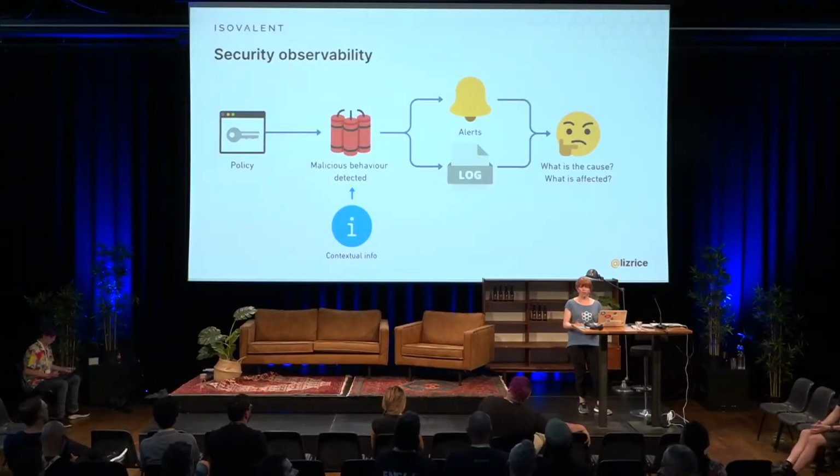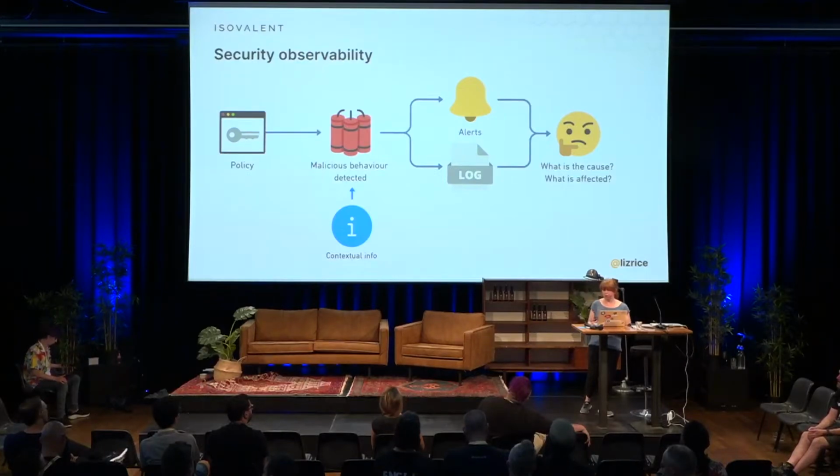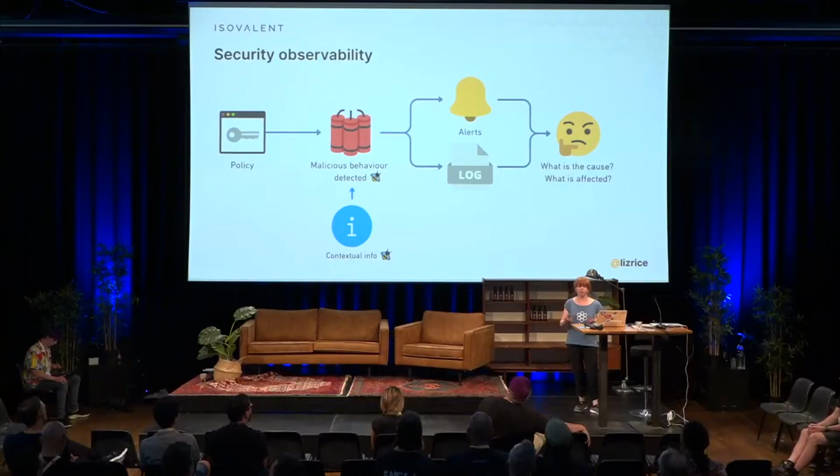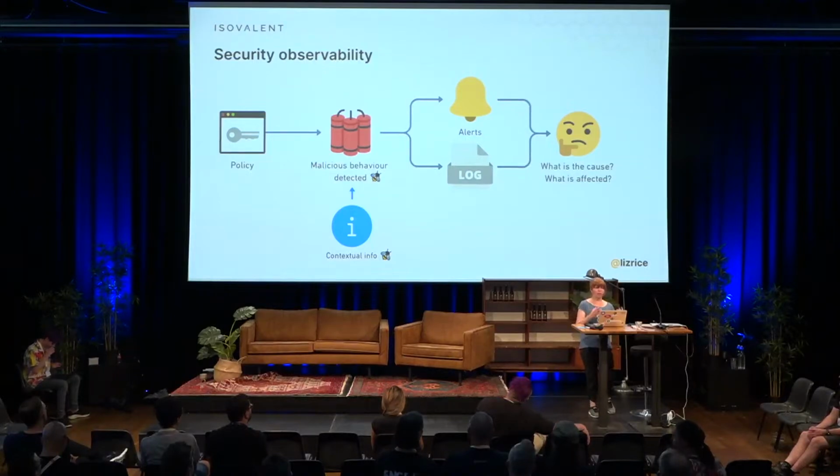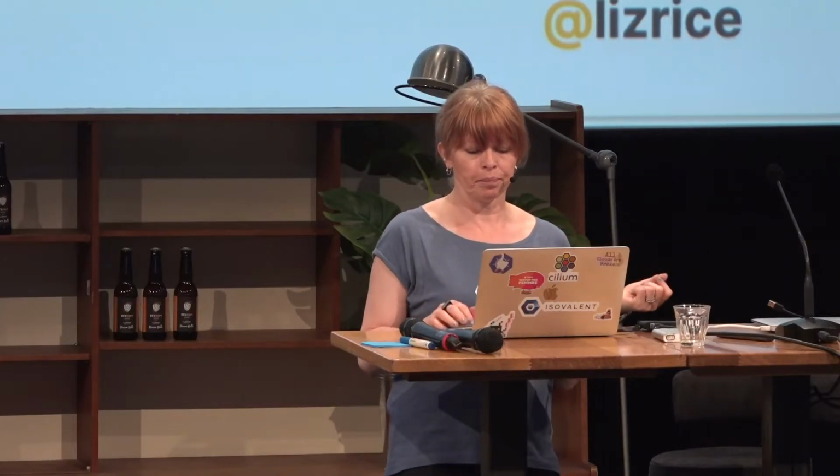And to do that, we're probably going to need some contextual information about that event. And as we've seen, eBPF is really great for collecting the contextual information as well as the information about the event itself. So for security observability, we want to collect information about events and compare it with policy.